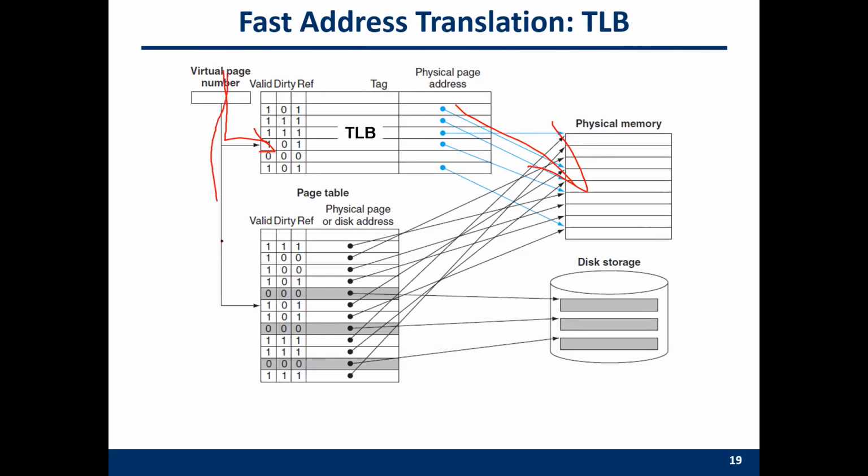Otherwise, we have to go to the page table first, which is also in the main memory, finish the translation, and go to the real physical memory again. This is two main memory accesses. But the TLB is an on-chip cache. We go to the cache once, and then we go to the physical memory. Here is the difference. So the TLB significantly improves the memory access latency.